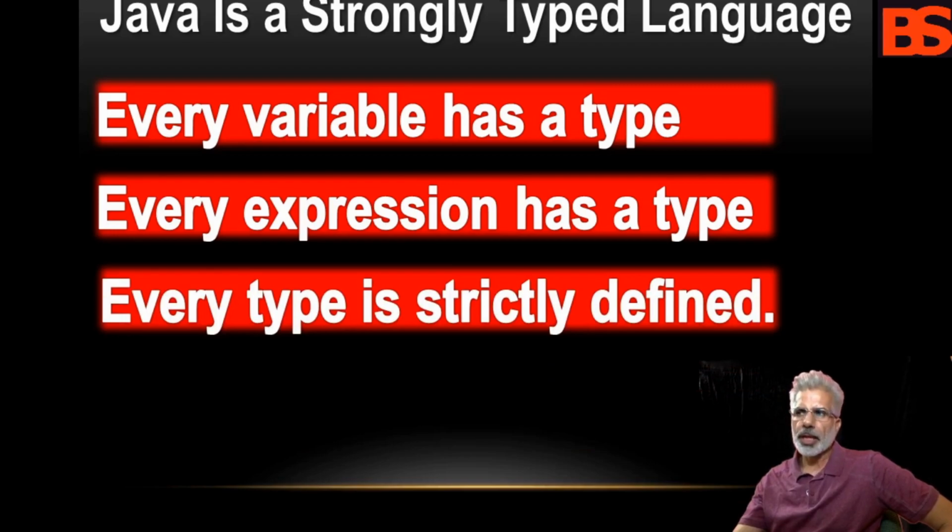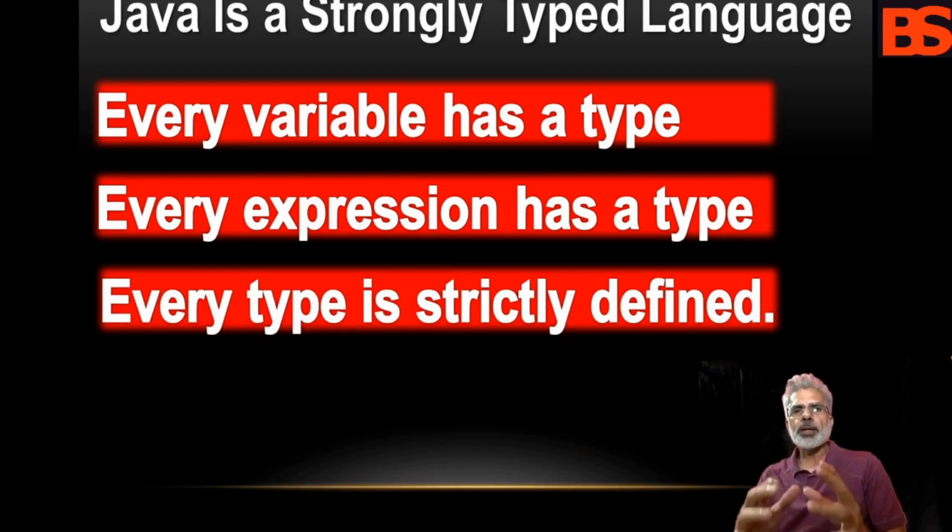And every type is strictly defined. The Java compiler checks all expressions and parameters to ensure that the types are compatible. Any type mismatches are errors that must be corrected before the compiler will finish compiling the class.